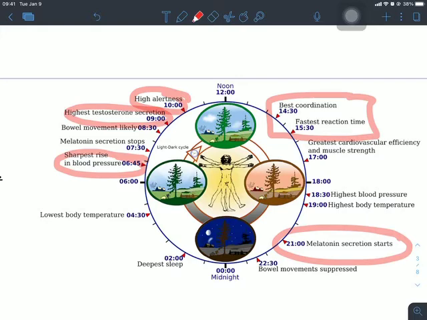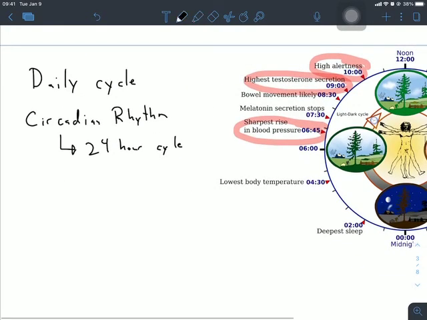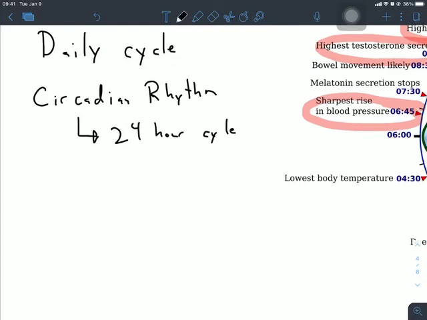But we do have a response to our 24-hour day length because we live on a planet that rotates every 24 hours. So that way each side of our planet gets maximum sun exposure for a short bit of time. Now, this circadian rhythm is obviously controlled genetically.